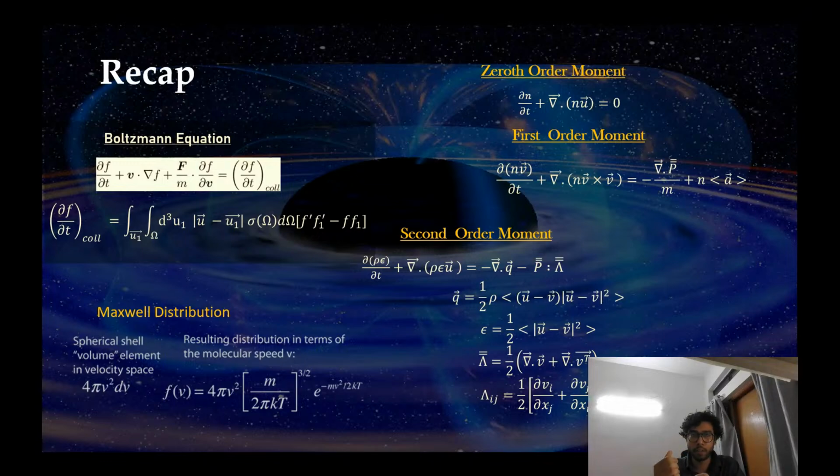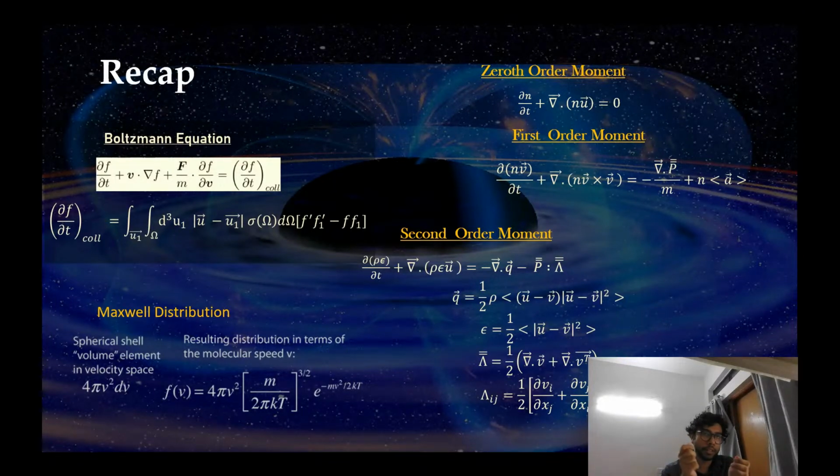Now, there are collisions happening between the particles, right? And you have some particles within that volume which have velocities between u and u plus du and position r and r plus dr. Since there are collisions happening between particles, the phase space will evolve.